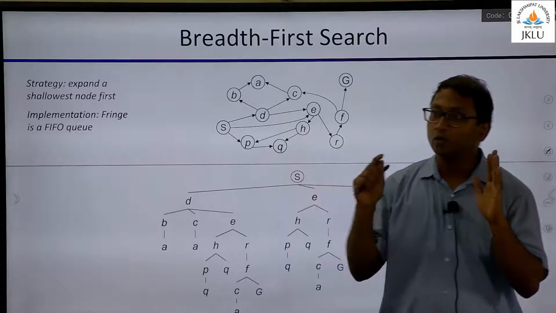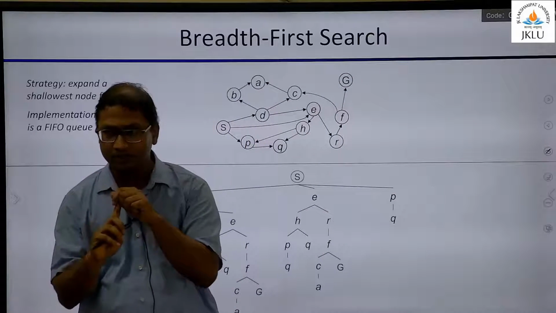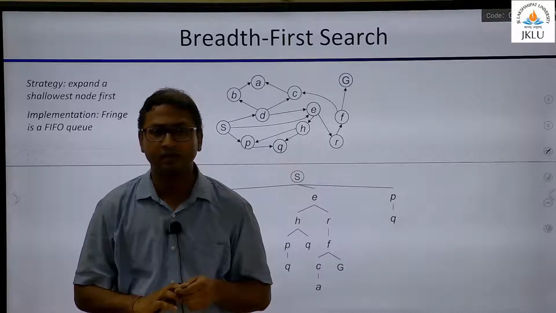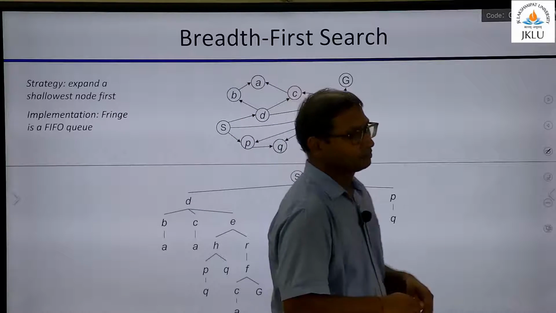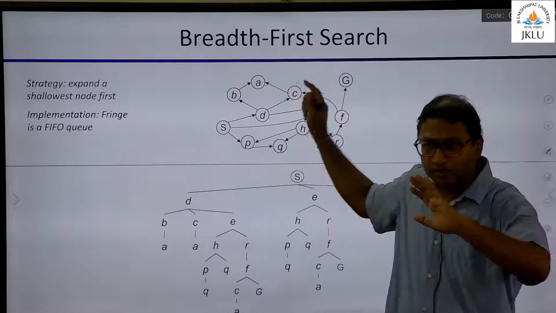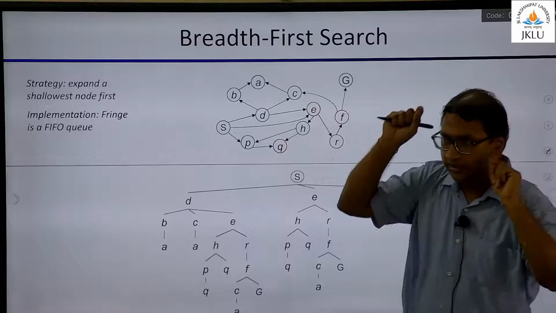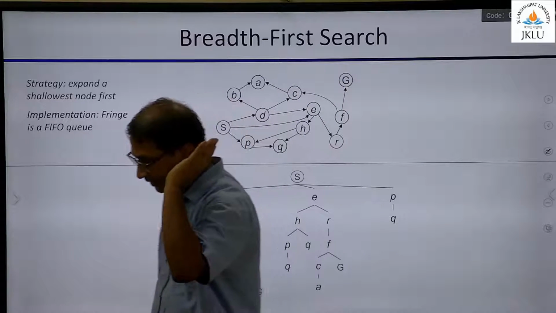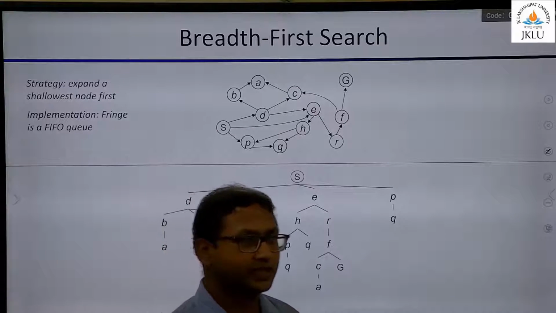Now the question is, remember those three things, what were they? Fringe, expansion and one more thing, whatever it was. Okay, so come back. What is our algorithm? You are given a search tree. In the search tree you are going to expand nodes. What is the job of the fringe? Why do you have this fringe?